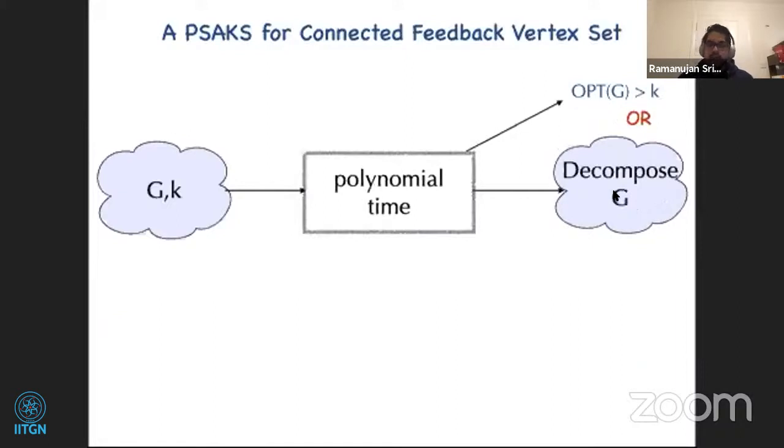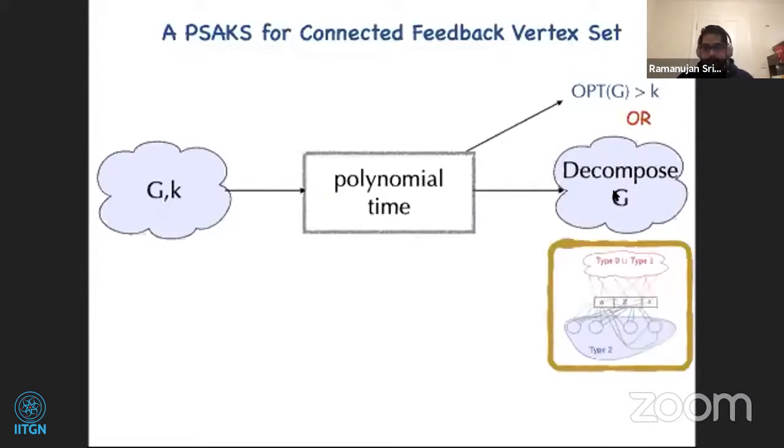Towards computing G prime, we are first going to decompose G in the way that's described in the picture. I'll zoom into this picture, so don't worry if you're not able to see things clearly.